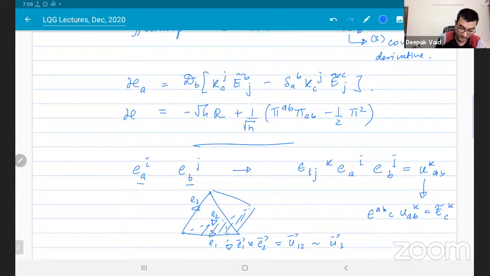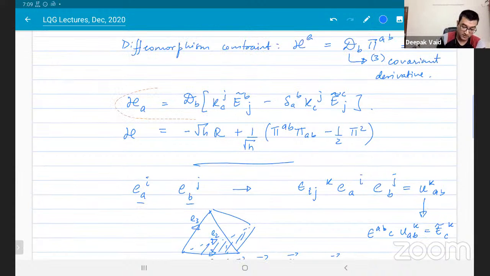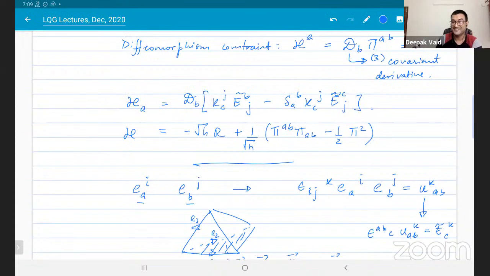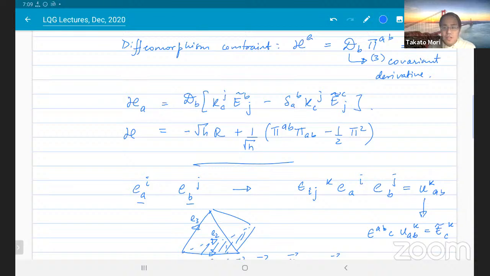Okay. So now we have our... Oh, can I ask just one question? Yeah, please. When you talk about the densitized triad, if you want to generalize to higher dimensions, does it become a codimension 2 form?